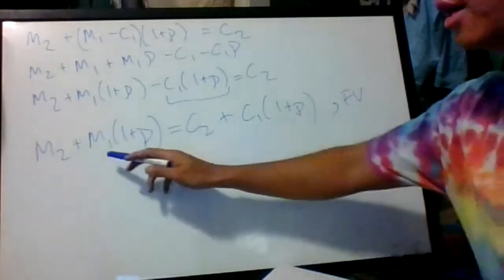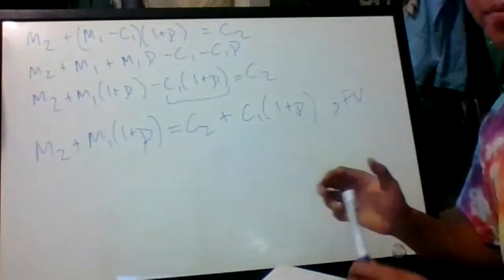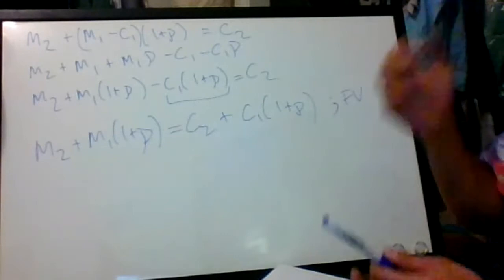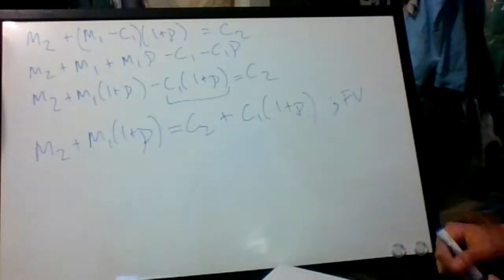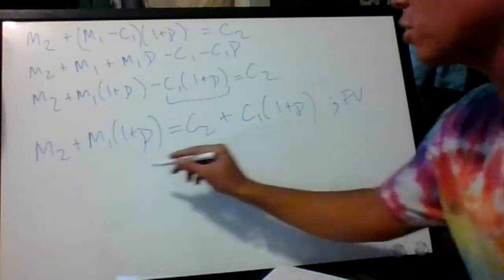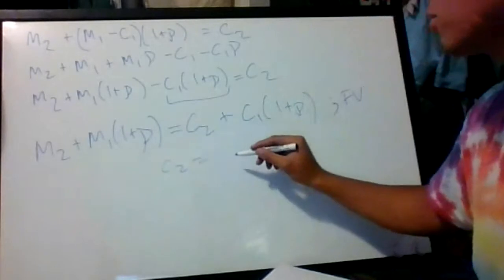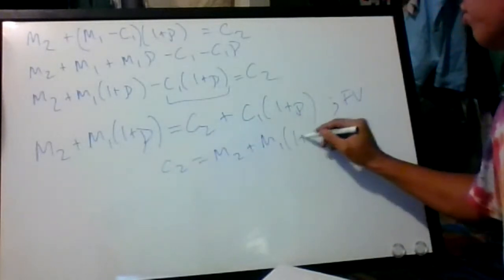So let me take a step back. Assuming that all of our consumption is in period 2, that tells us that C1 is 0, which means that C2 is equal to M2 plus M1 times (1 plus rho), right?